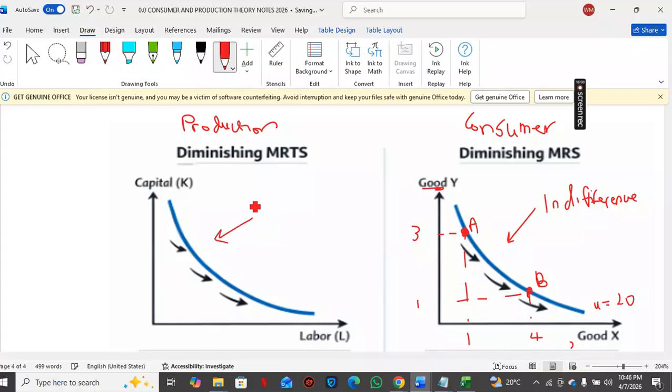Then for production theory, this is an isoquant. The combination of capital and labor that you can have whilst maintaining the same output. Okay, so here output has to stay the same. So you can have, let's say for example, 10 machines and 1 worker.